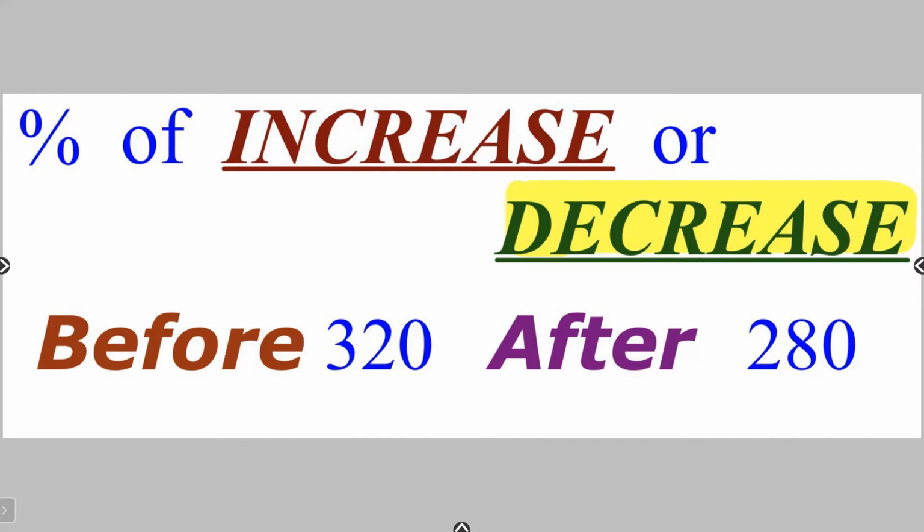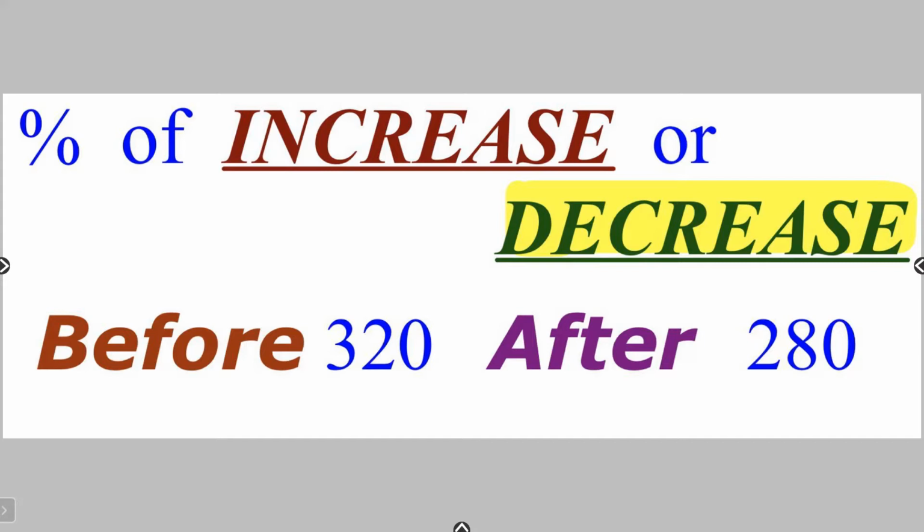To determine what the percent of an increase or a decrease is, all you do is make a fraction. Now, the fraction we're going to make is sometimes proper, sometimes improper. And we need a numerator and we need a denominator.